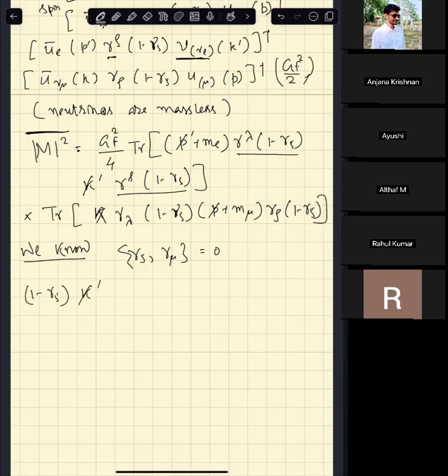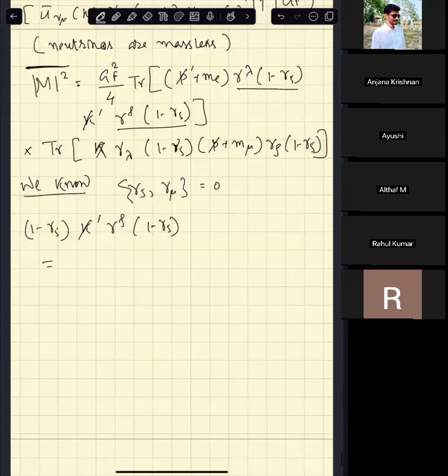For example, this one, gamma rho into 1 minus gamma 5, which we can write down as follows. When this 1 minus gamma 5 passes through this K slash, it will anti-commute, so we will put a sign like this: K slash, 1 plus gamma 5, gamma rho, 1 minus gamma 5. But in the next step, when this 1 plus gamma 5 passes through gamma rho, it will pick up another minus sign.